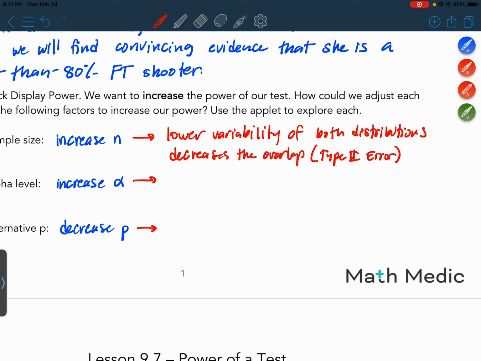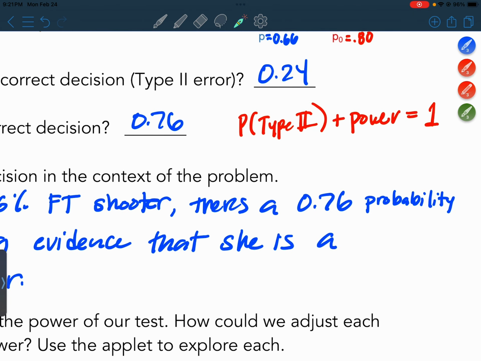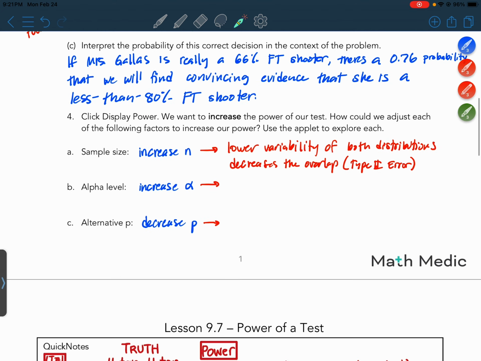So if we can decrease the overlap, we can decrease the risk of a type 2 error, which has the added bonus of increasing the power of the test, because they both have to add up to 1. If type 2 error goes down, then the power has to go up. Again, I like to think of it this way: if you increase the sample size, you gather more data, and with more data, you should be able to make a better decision.